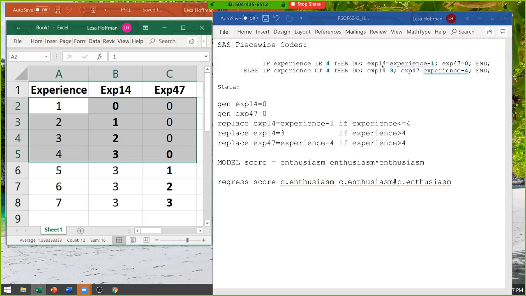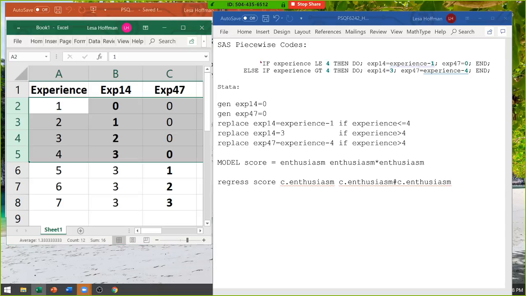Then my new variable is going to be the old one, experience, minus 1. That gets me right there. So we're only focusing on these cases right now in the first if statement. The second one, experience 4 to 7, is 0 because it's not active yet.